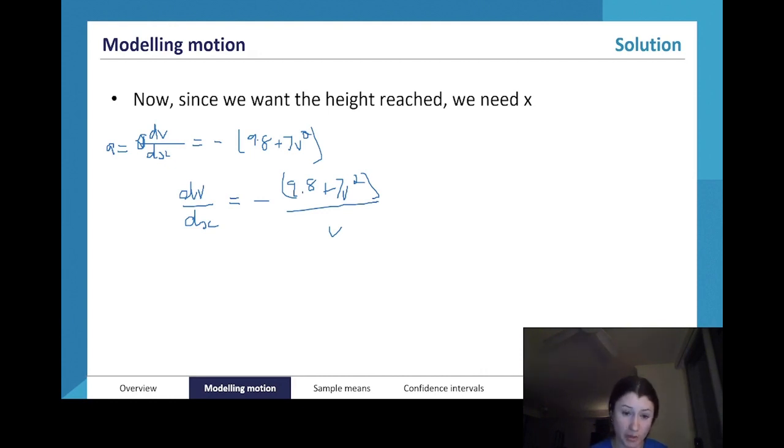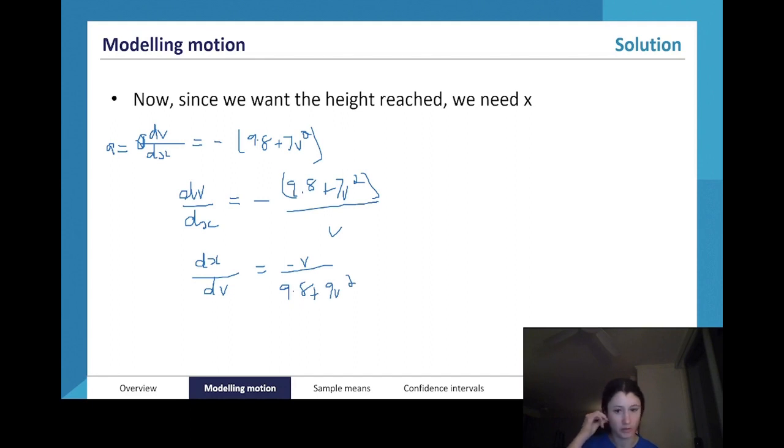We don't want to integrate with respect to x. So we're going to use our good old trick of inverting. If we invert these two, we get dx/dv, just swapping around both these fractions, equals negative v over 9.8 plus 7v squared, right?